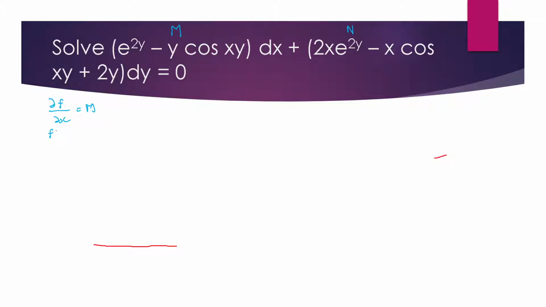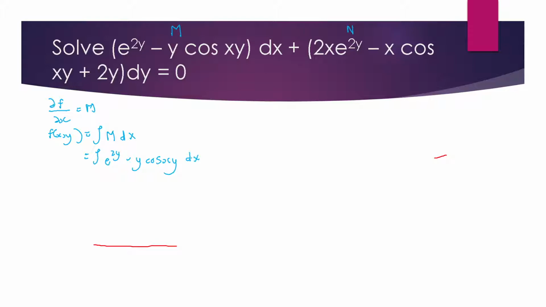And then we know that the coefficient for dx is actually ∂f/∂x equal to M. Hence, your f(x,y) is equal to the integral of M dx. Then you integrate e^(2y) minus y cos(xy) with respect to x. Just take the first term and integrate with respect to x.